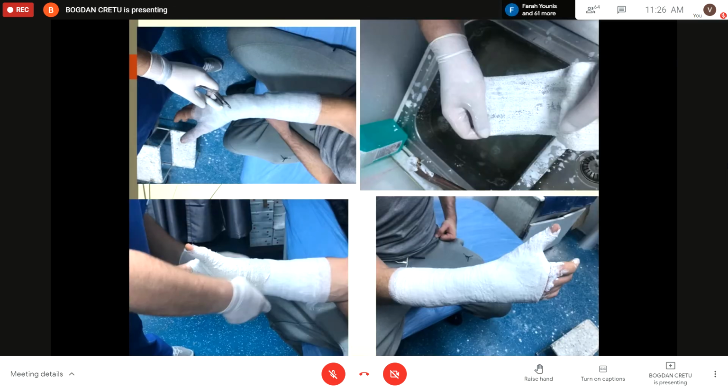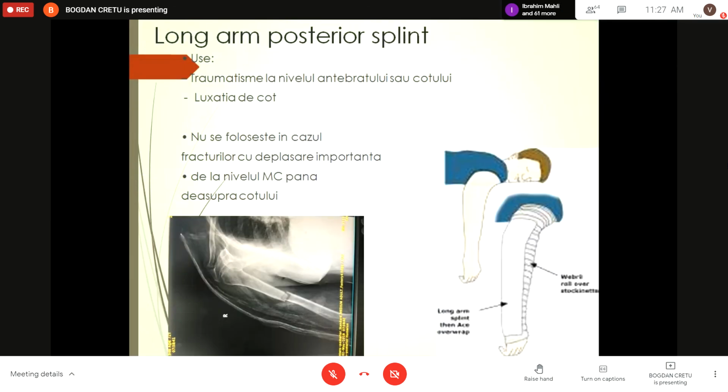Okay, here is an example of the antebrachial palmar cast, how it is made and how it is applied and how it looks in the end. The long arm posterior splint. It's used usually when you have trauma at the level of the forearm or the elbow. It is used after we reduce an elbow dislocation.